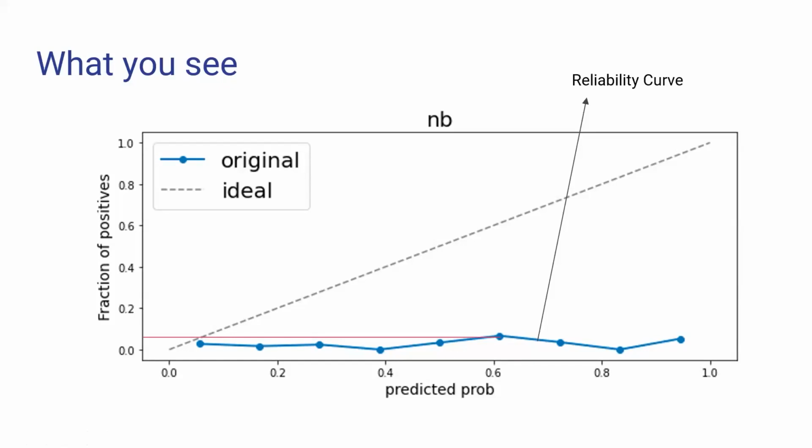This is what we need to achieve. We need to bring our probabilistic model line near to this calibrated diagonal line. That's how the entire calibration works.